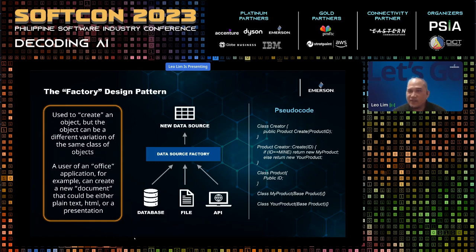One is the creator, which creates the product, the product being another type of class. In the sample below, the products are the database, the file, the API. Those are the objects of the product class, or the instances. And the data source factory is your creator.